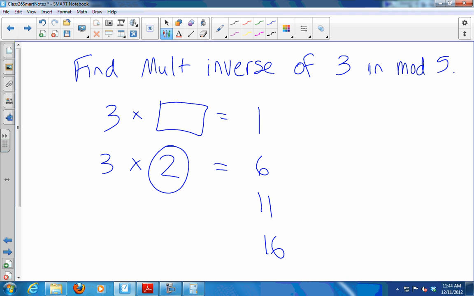Yeah, they're just going up by 5s. These are all numbers that when you divide by 5, you get a remainder of 1. But you're not finding a factor. No, all you care about is the remainder.